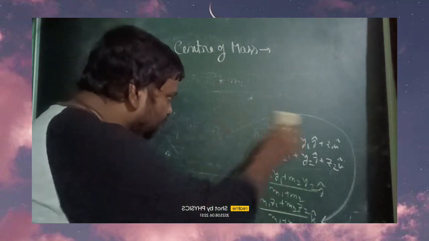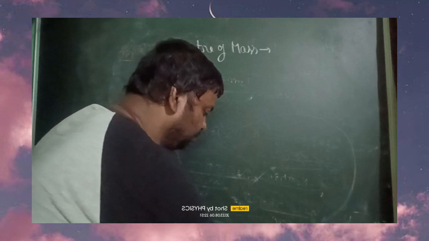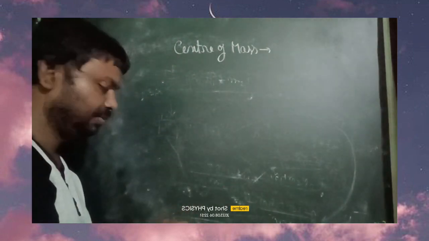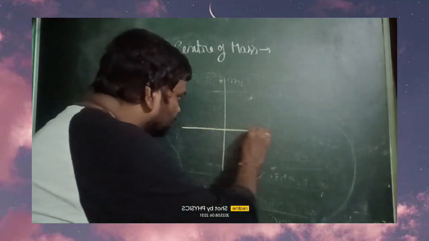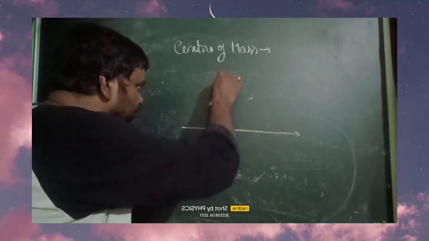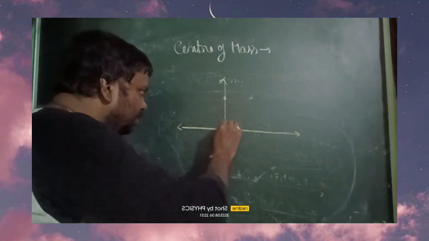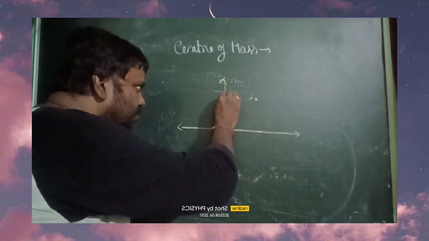So here, now take an example. Let us draw this coordinate system. There are particles forming a square.